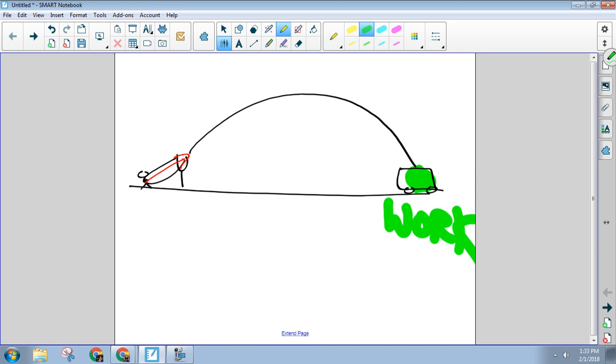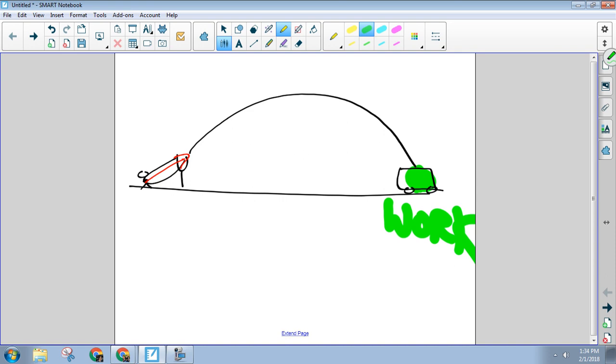Right now, this has elastic potential energy. If I let it go, that elastic potential energy converts to kinetic energy, but the total hasn't changed at all. All you've done is convert one form to another. Does that make sense?